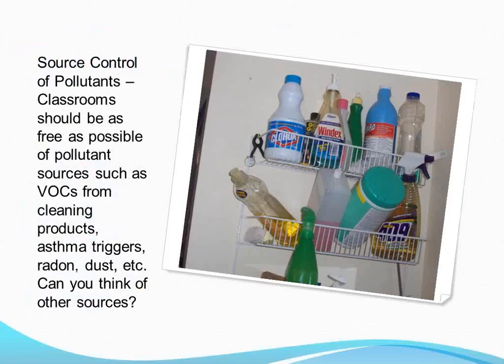And then the other thing that we really have to pay attention to is source control of pollutants. I mean, these are the two really important ways to control things. And there are so many pollutant sources in schools. You have VOCs coming from cleaning products. You have asthma triggers from moldy carpeting. You have radon.